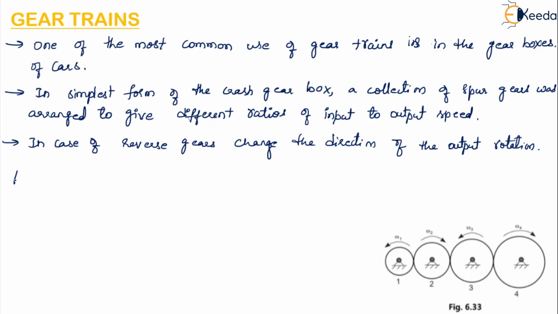Now, what are the applications of these gear trains? So, there are many applications of gear trains. So, they are used in mechanisms. Then, they are used in automotive transmissions.